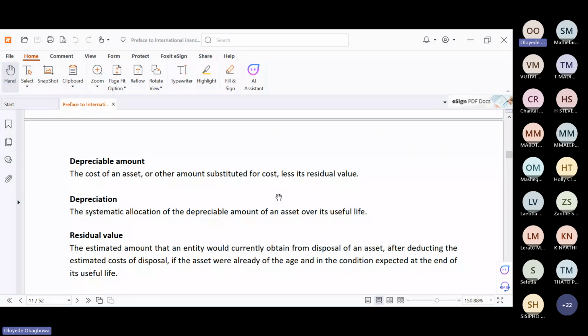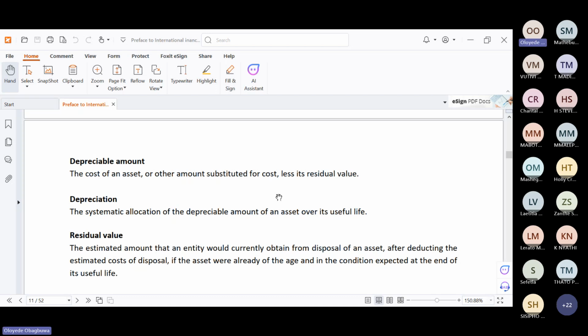The residual value is, when an asset is fully depreciated, whatever value that can be recovered from that asset. For example, if you have a motor car and the useful life is 4 years, and that car after 4 years has been fully depreciated, ordinarily in your financial records the value of that asset is 0.